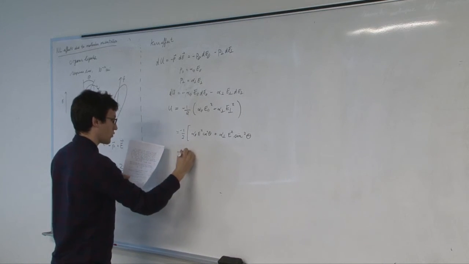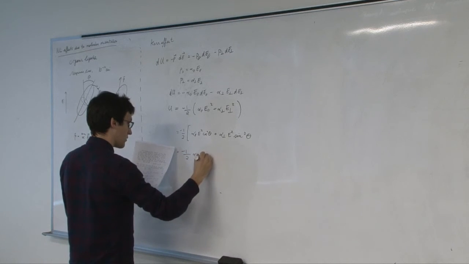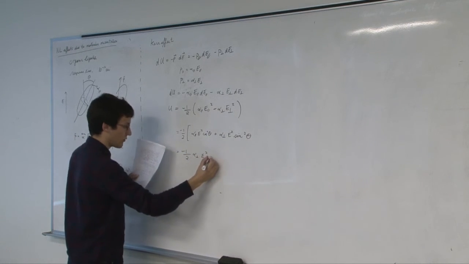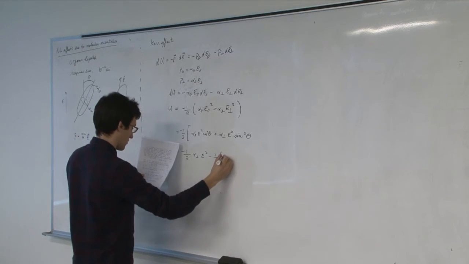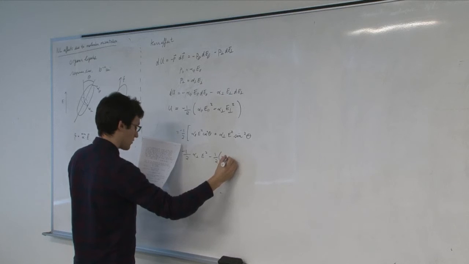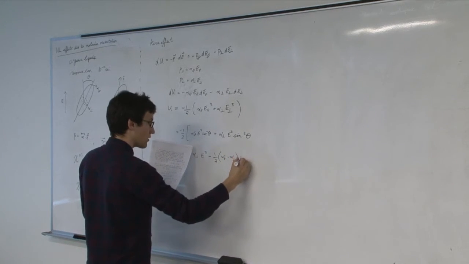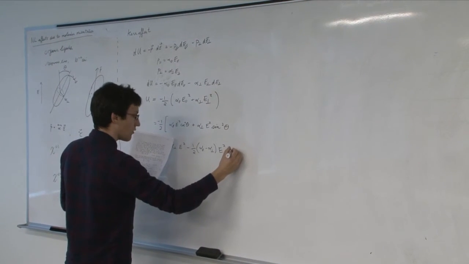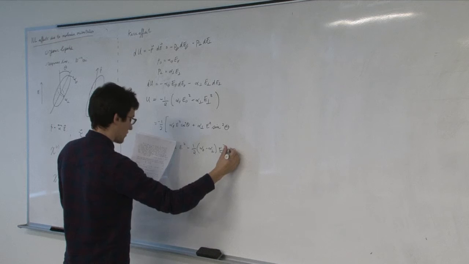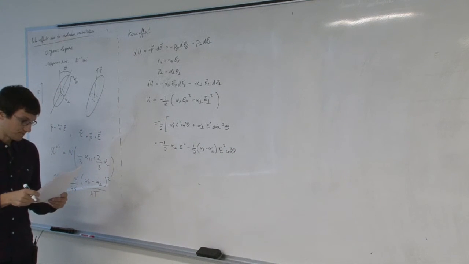This is equal to minus 1/2 alpha perpendicular E square minus 1/2 (alpha parallel minus alpha perpendicular) E square cosine square of theta, and there's a square somewhere. That's right.